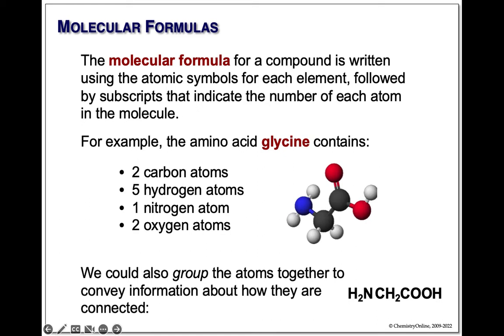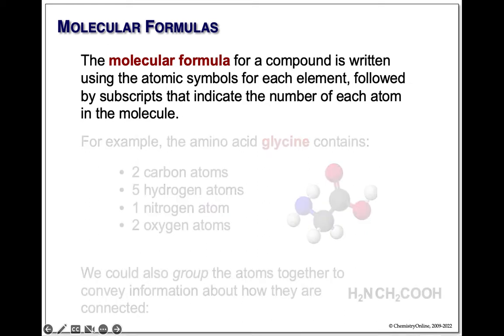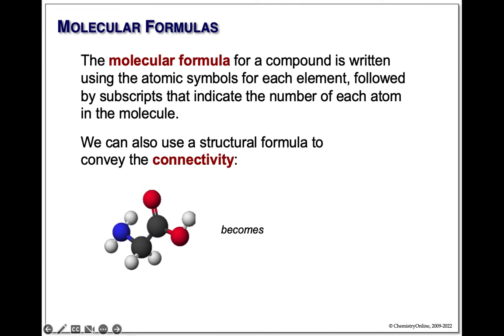Now, if you really want to be very descriptive, you can do what's called a Kekulé structure. In a Kekulé structure, you show the atoms and all the covalent bonds. So it's basically just like our model.